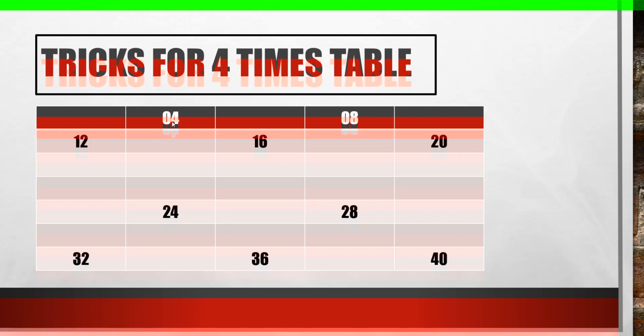In the second row, write down 12. 4 plus 4, 8. 8 plus 4, 12. 12 plus 4, 16. 16 plus 4, 20. 20 plus 4, 24. 24 plus 4, 28. 28 plus 4, 32. 32 plus 4, 36. 36 plus 4, 40. This is the easy trick you have to use for the 4 times table.